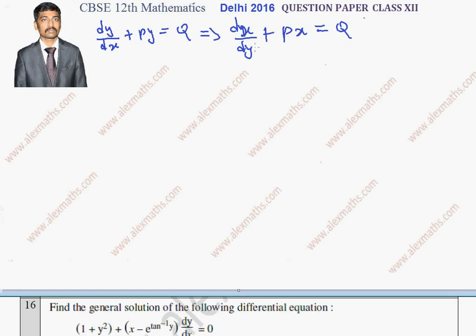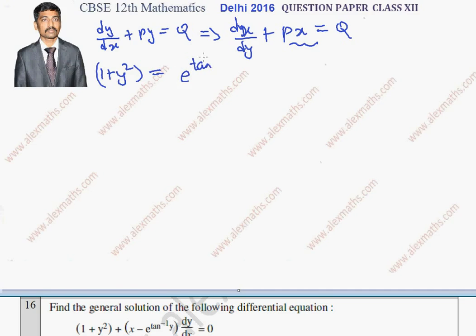Because we have only one x term left, so it has to be this form. For rearranging this, we will keep 1 plus y square here equal to minus of the other term. So I will take the minus inside.